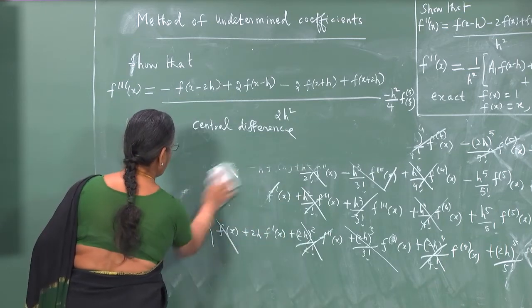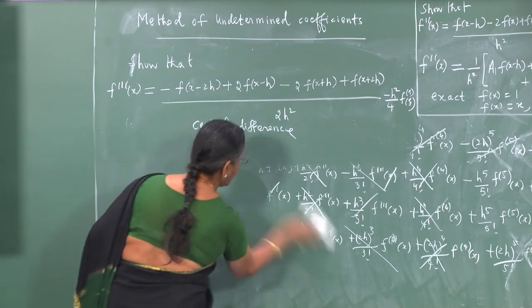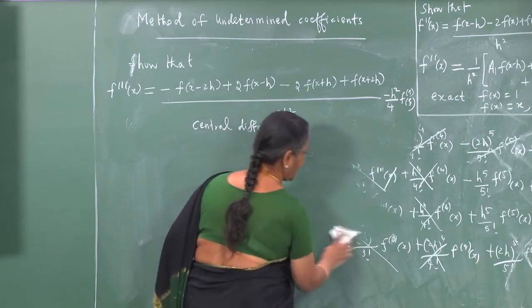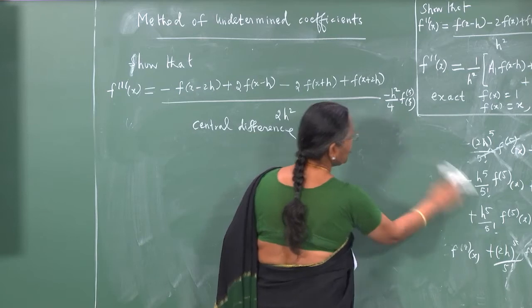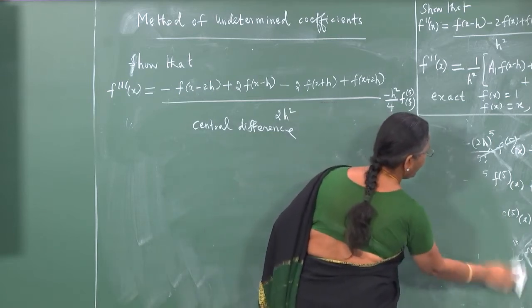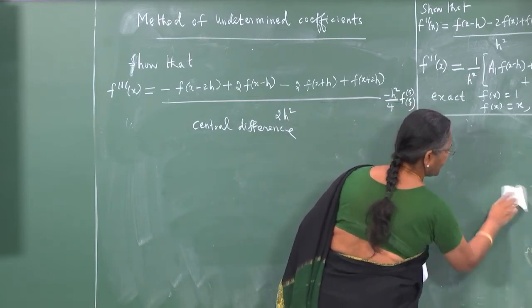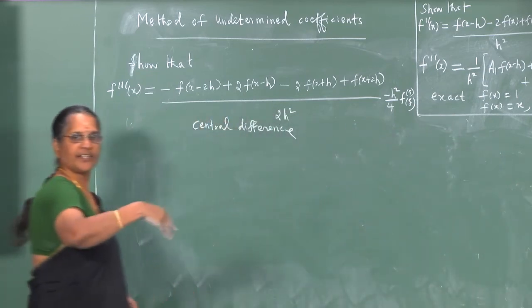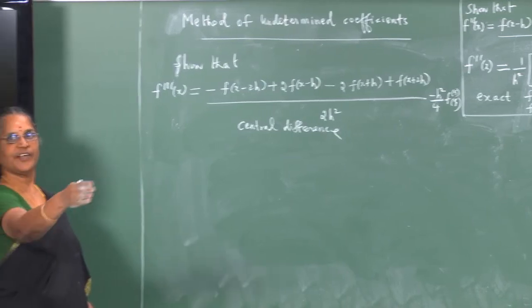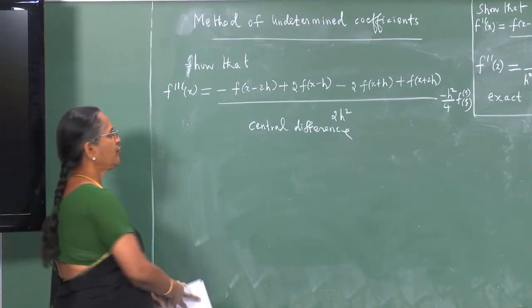Suppose you require numerical differentiation methods from which you have to compute the various order derivatives at one end point of the set of information that is given to you.